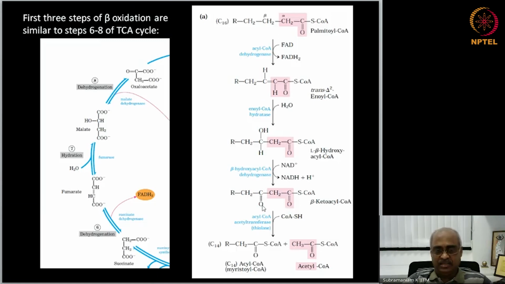And the last step here is commonly called thiolase, but scientifically it is acyl-CoA acetyltransferase, because it's going to transfer this acetyl group. So now you look at this carbon, which had a very stable bond, now it is bonded to two keto groups.